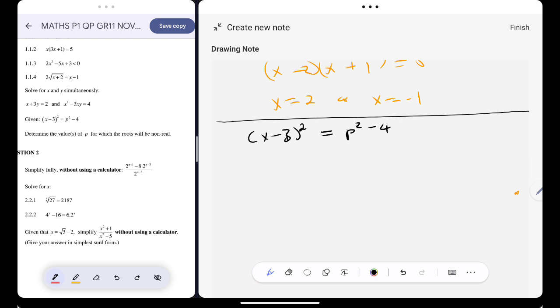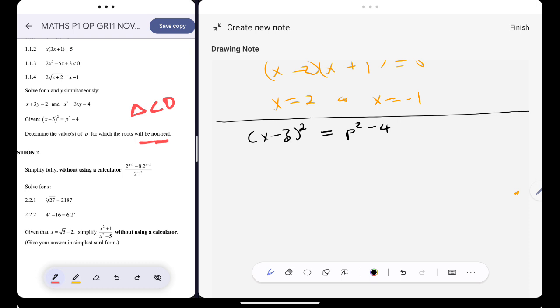When they start talking about the roots, guys, it must click into your mind that they're telling you about the nature of roots, and when they describe to you what the roots are or what they should be, you simply have to know the value of delta. Is it greater than 0, equal to 0, or less than 0? Here we are told that the roots are non-real. Here simply means that delta should be a negative number.